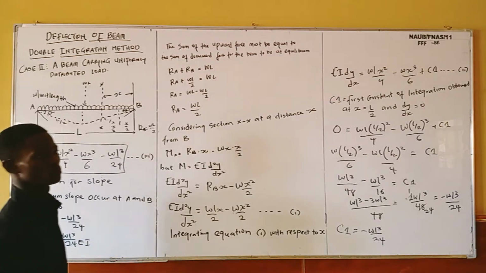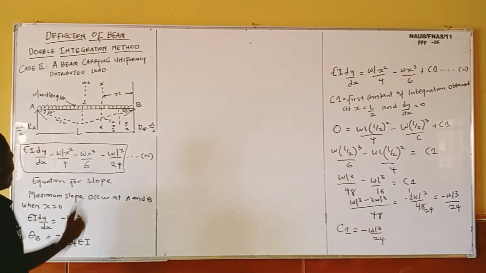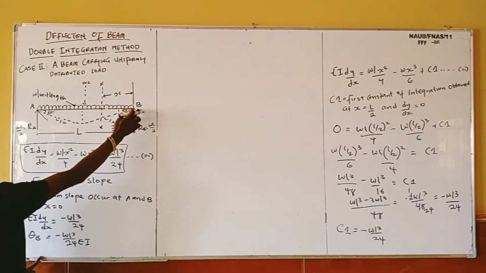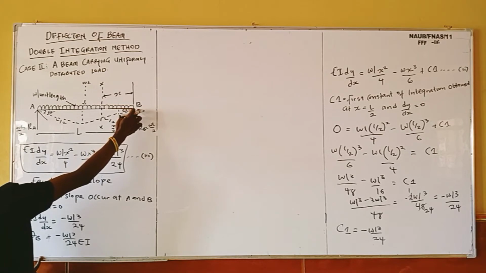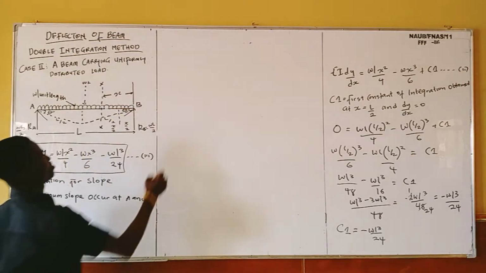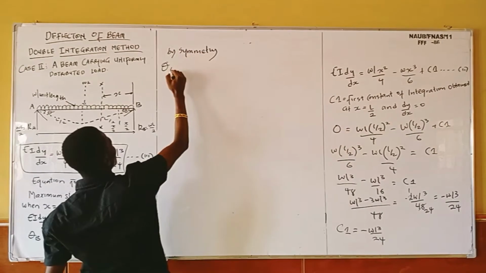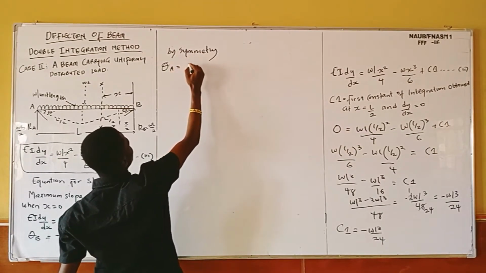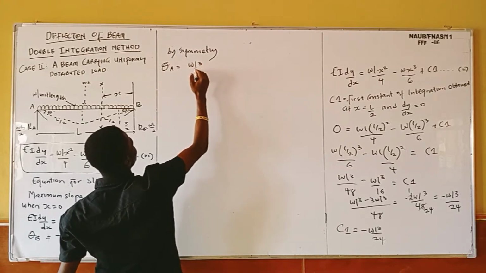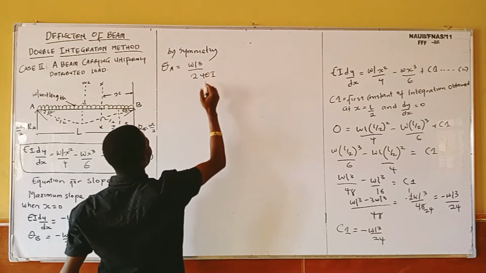And by symmetry, this one is when I'm considering my maximum slope from B. And if I'm considering my maximum slope from A, by symmetry, at A it will be equal to WL cubed over 24 EI.